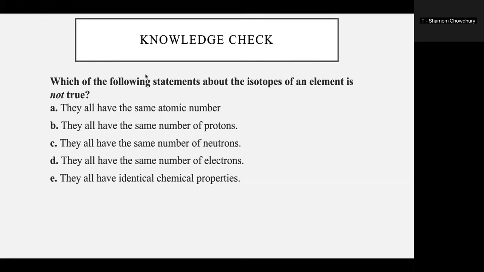Nice. So everyone put C. That's correct. They all have the same number of neutrons, that's not true. I know when I asked this before, some students put E, they all have identical chemical properties, because they thought, oh, they don't have identical chemical properties. But that's not about isotopes, that's about isomers. If the question asked which of the following statements about isomers is not true, then it would be E.